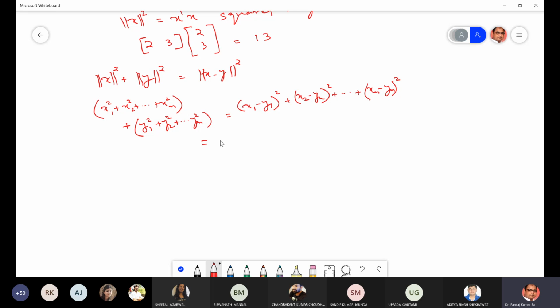Can I write this right hand side like this? Let me expand all this, (a minus b) whole square, in that form. So this becomes x1 square plus up to xn square, that is a square, plus b square, y1 square plus up to yn square, minus 2 times (x1 y1 plus up to xn yn).